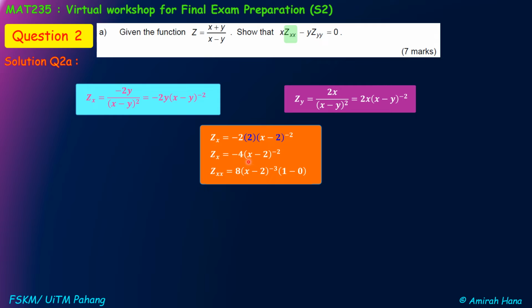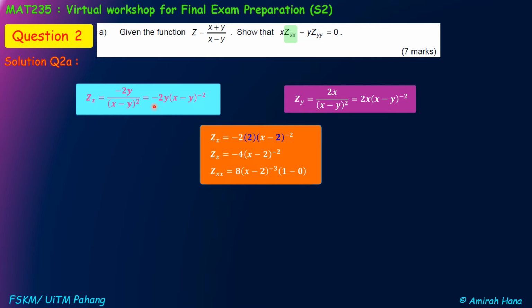So we differentiate x. Now we treat x as a variable, so it equals 1. And then we differentiate the constant, which equals 0. So we have 1 minus 0 here. Now we go back to zx equals negative 2y bracket x minus y to the power of negative 2.